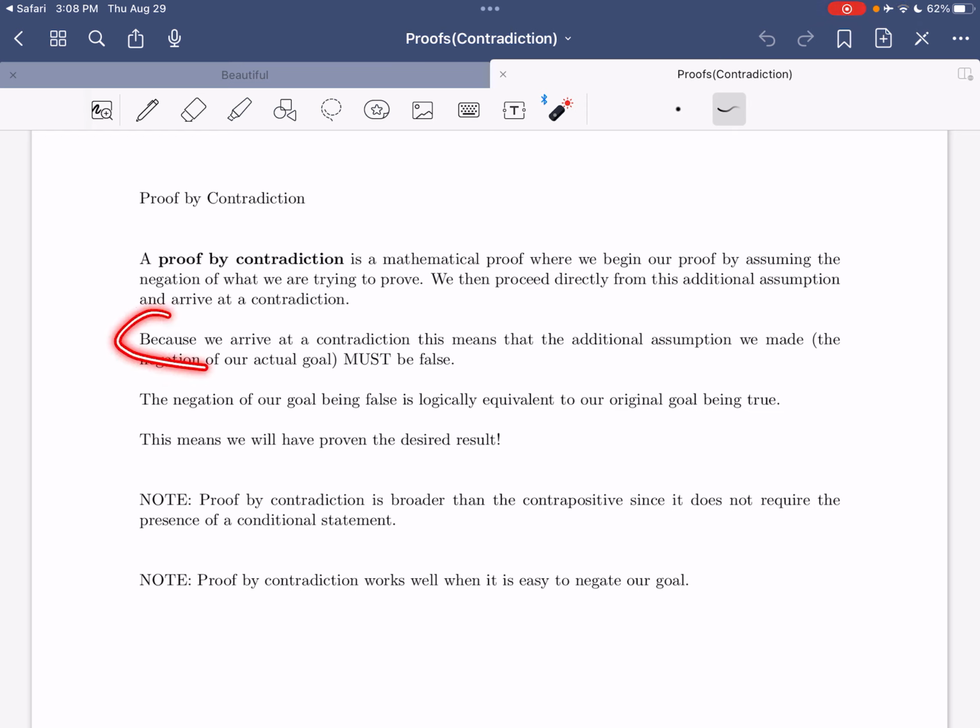Now, the reason this works is because once we arrive at that contradiction, this means that that additional assumption we made, which remember was the negation of our actual goal, must be false. And we know this because we arrived at a contradiction. So we ended up somewhere that we know is logically incorrect. We only made one additional assumption.